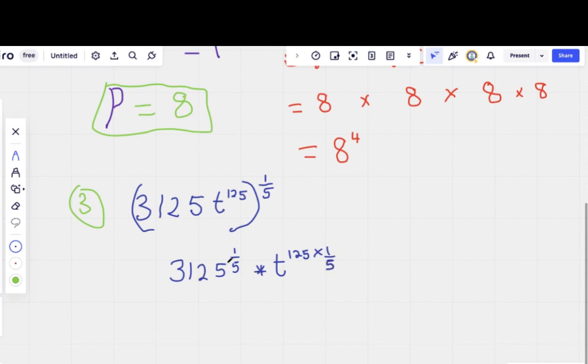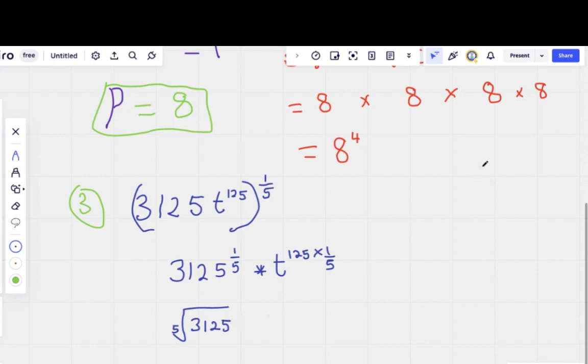So what we're going to do with this number, we're going to find the fifth root of 3125.